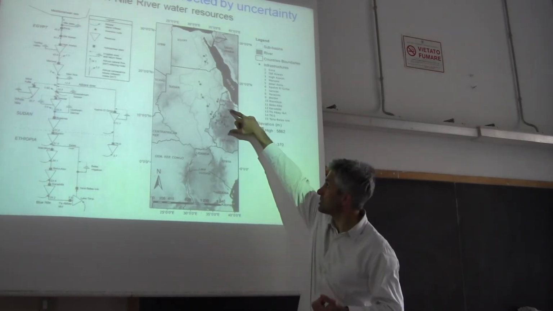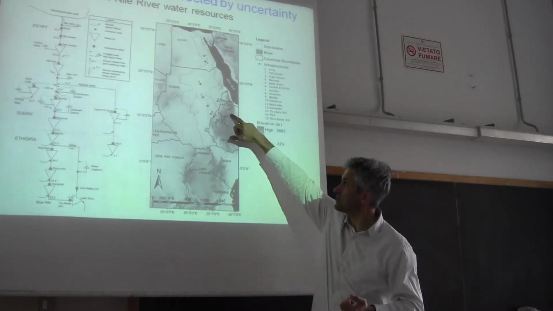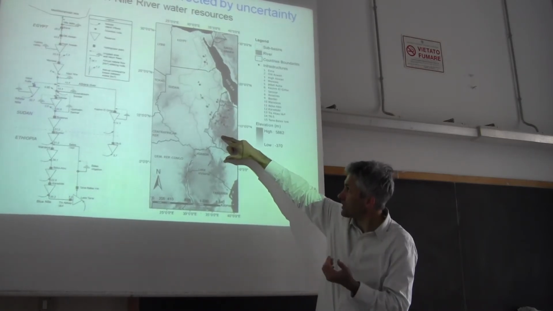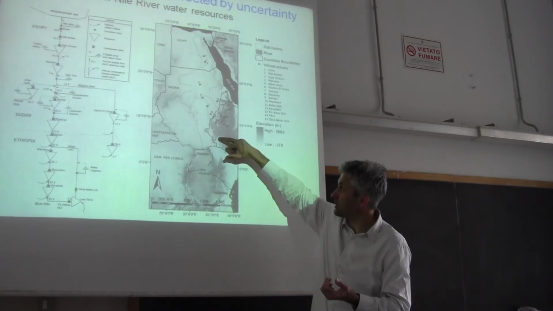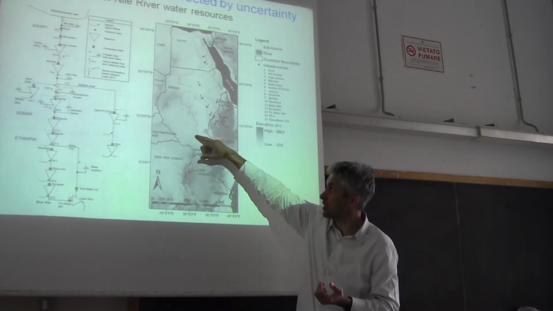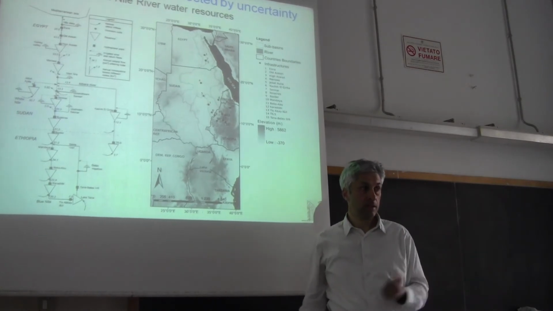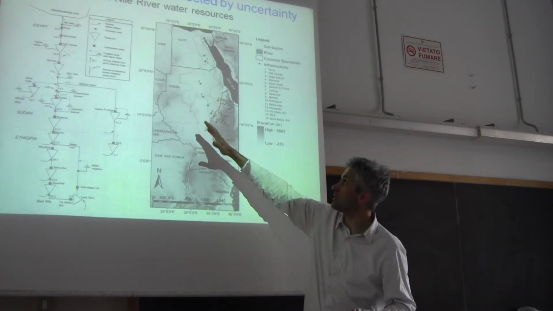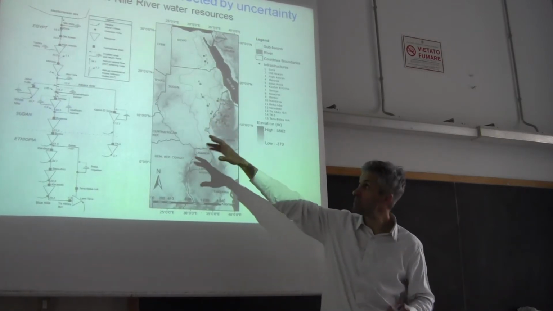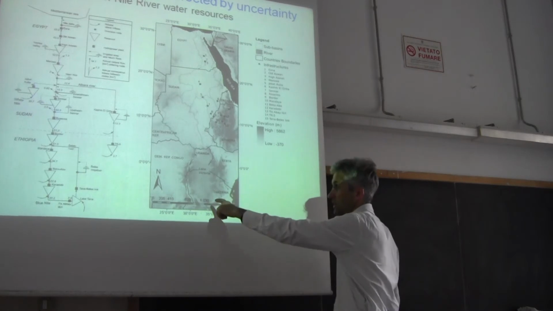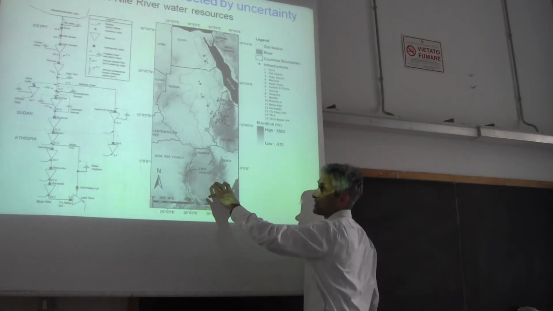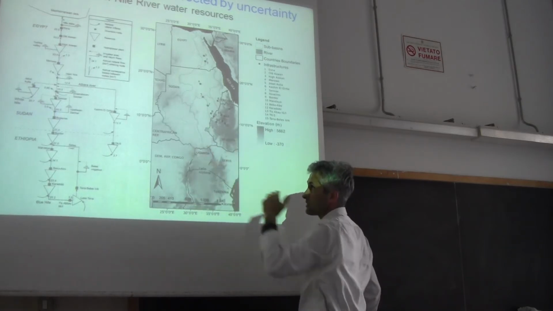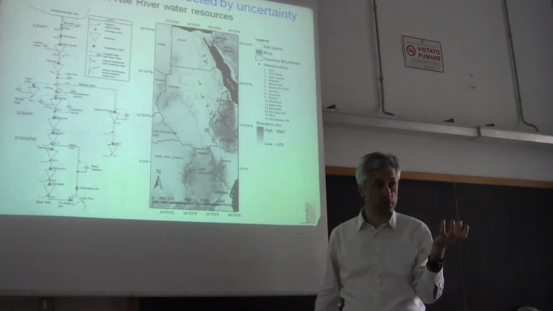And it goes, you see, it's not easy to see here, but this is the Blue Nile, which originates from Ethiopia, enters Sudan, and then after entering Sudan, joins the main Nile, and then the Nile flows downstream and reaches Egypt. So basically you see that the Nile originates from Lake Victoria, so all these countries are contributing their water resources.